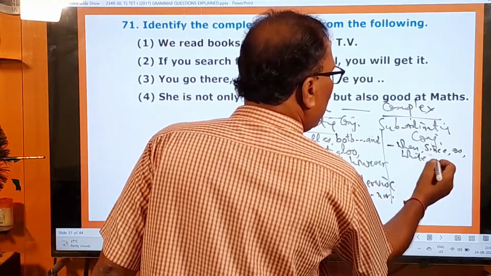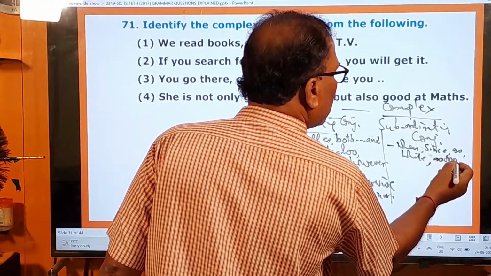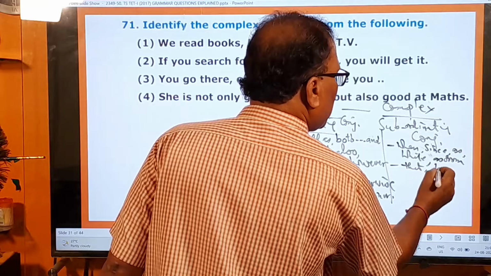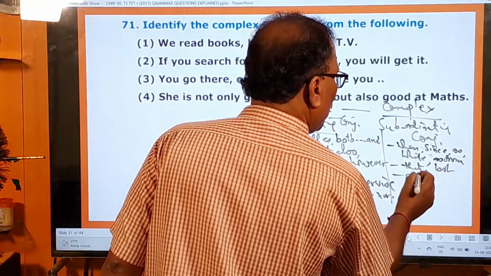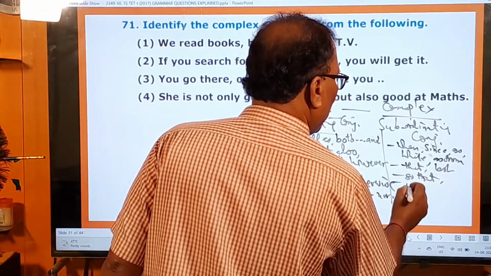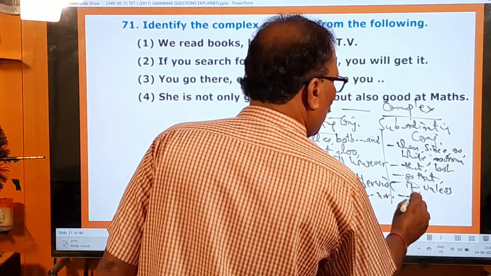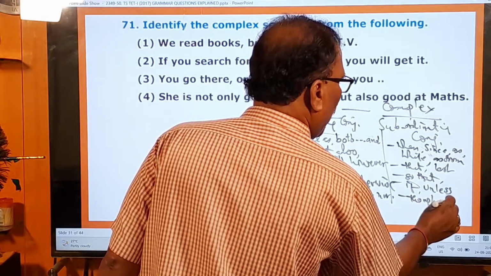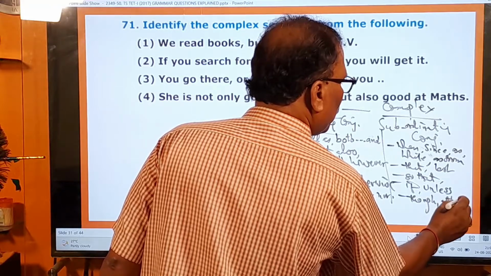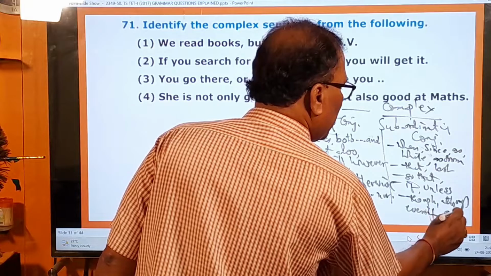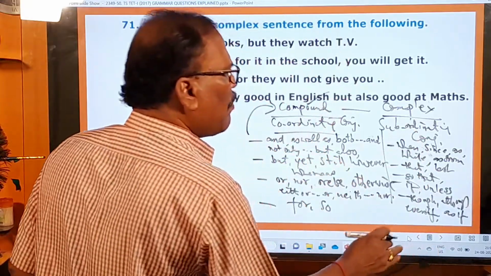While, as soon as, that, lest, so that, if, unless, as though, although, even if, as if. These are all the subordinating conjunctions.